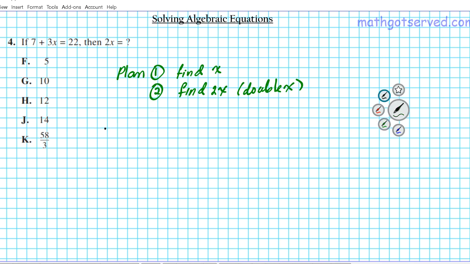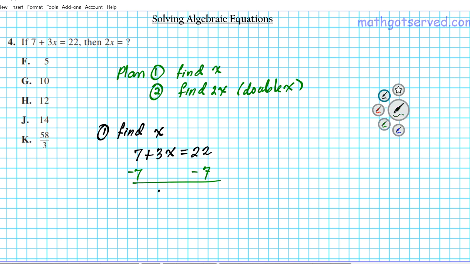Part 1, we want to find x using properties of equality. So 7 plus 3x is equal to 22. Alrighty, so we subtract 7 from both sides to get x isolated. Subtract 7 from both sides. And what does that give us?